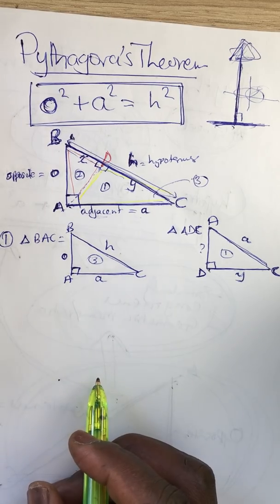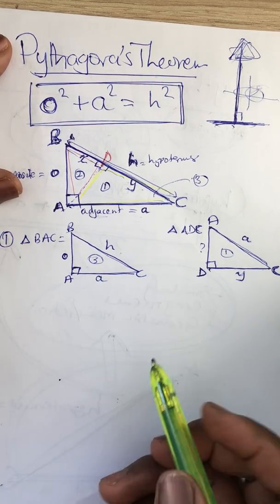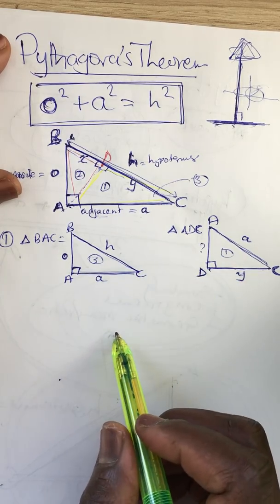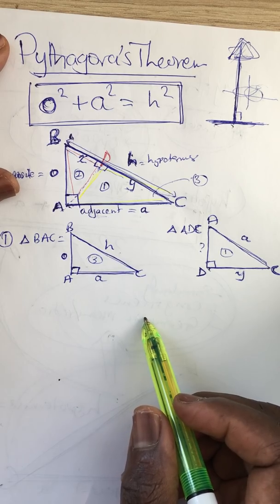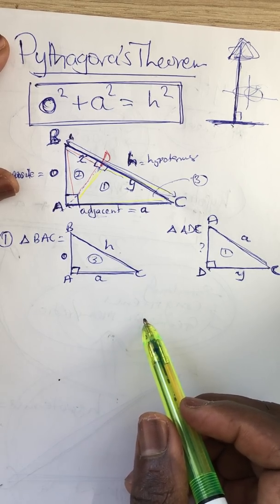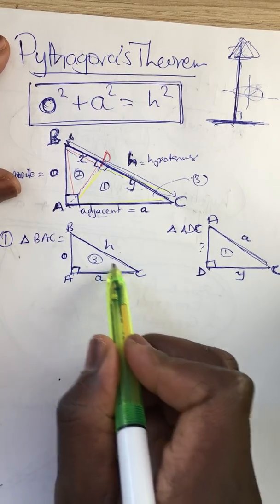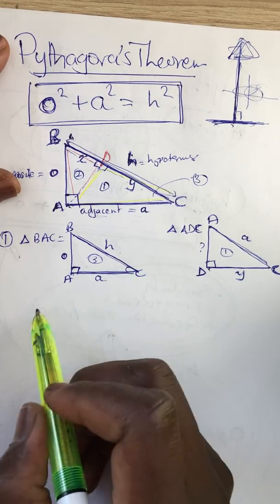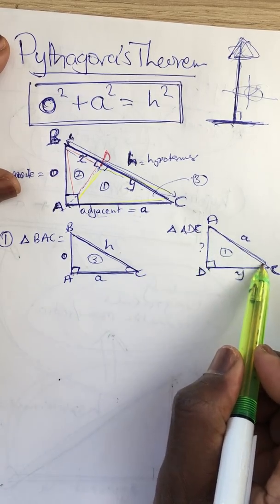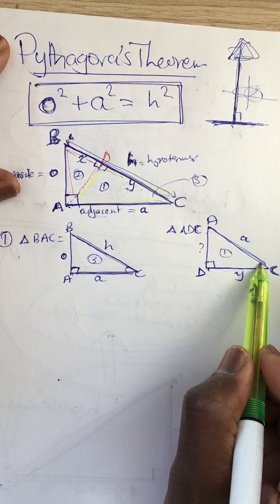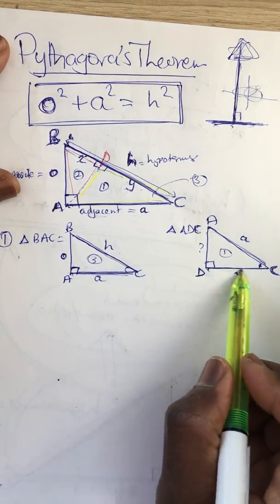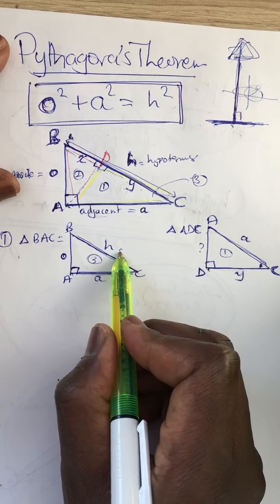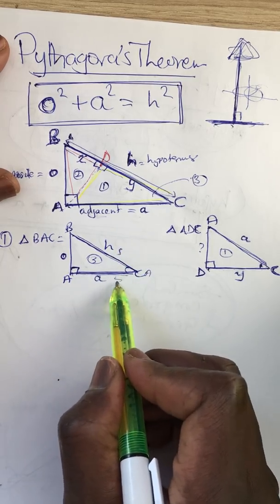So clearly from here, you can see that these triangles are all right angle triangles and they are similar to one another, but we need to find out what condition of similarity they fall under. When you see this, we have a side here, we have a side there, and they meet at this vertex, creating an angle, and they are all meeting at the same angle, so we have this condition known as side angle side.